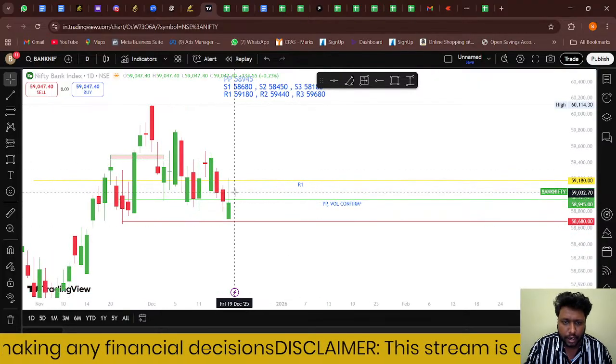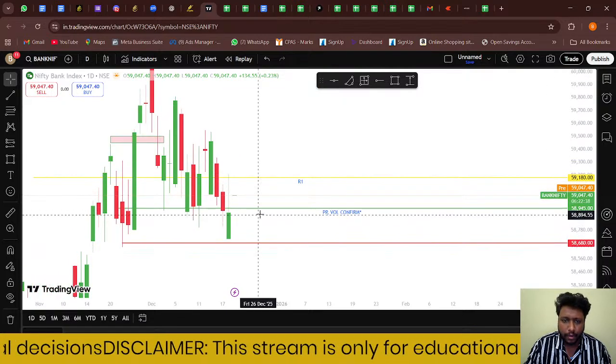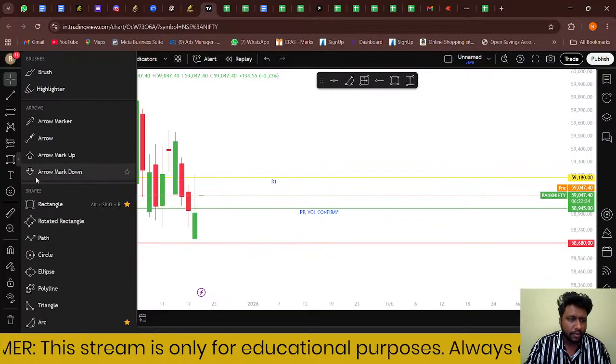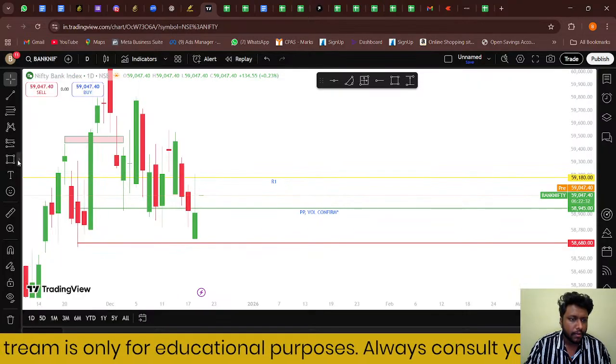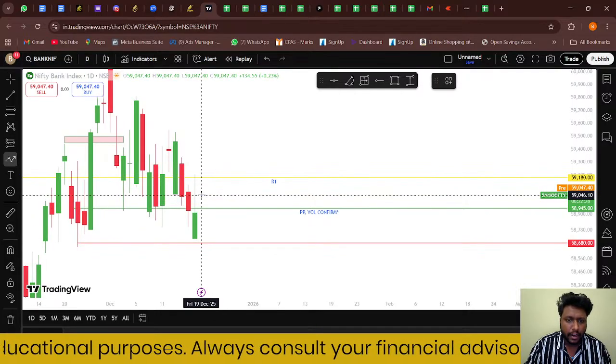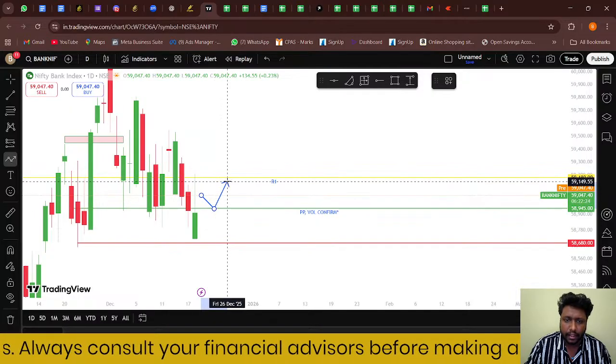If you see the pre-market opening is a gap up, opening above this pivot line level, then I will wait for a retest to this level and take the bounce back entry.